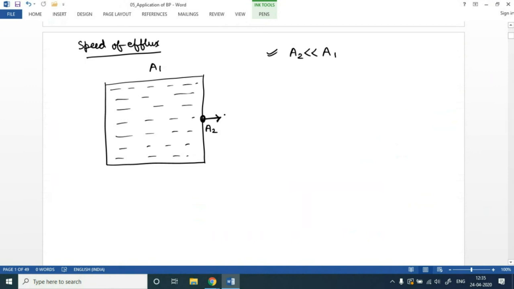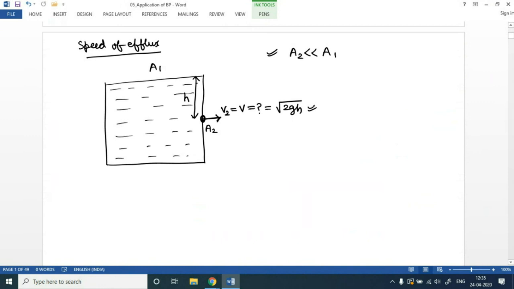Let's say the speed is v2 over here, and we need to find it. You might already know the expression: it is root 2gh, where h is the depth of the orifice from the open surface of the liquid. All of you might already know this equation, but let's try to revise how we get this.